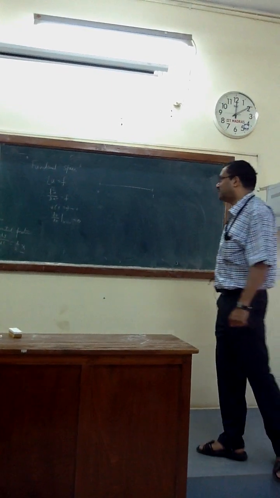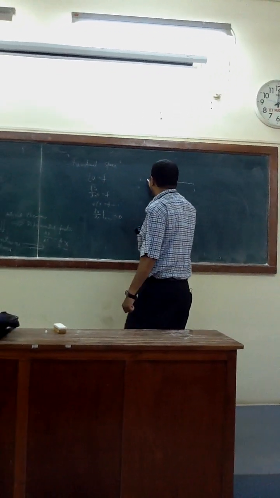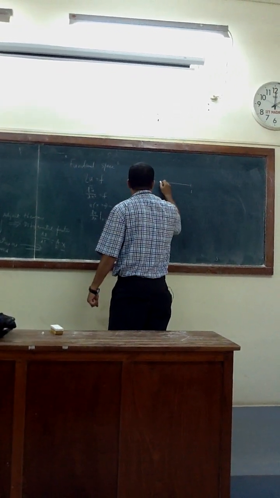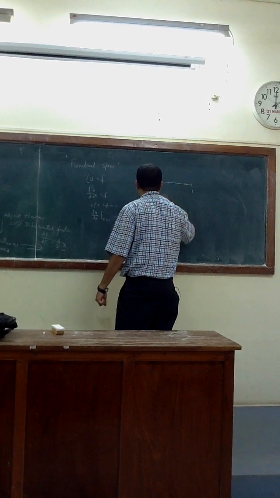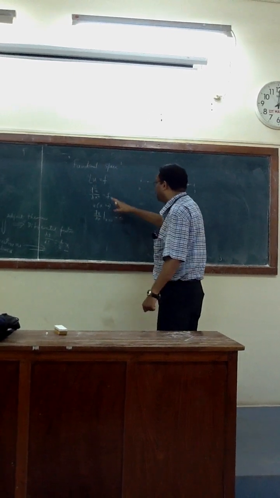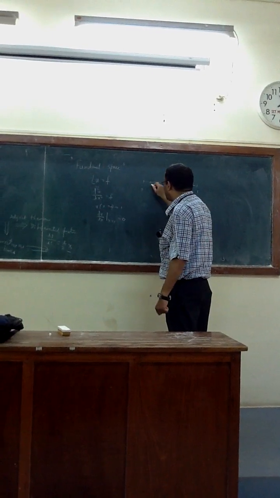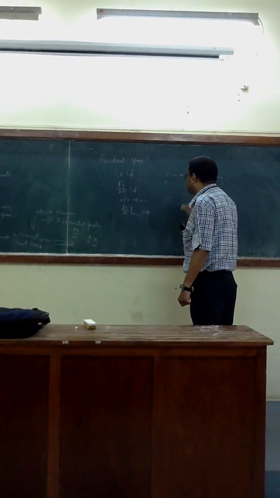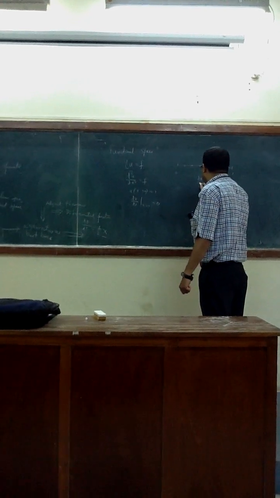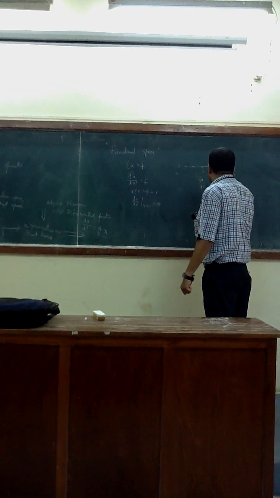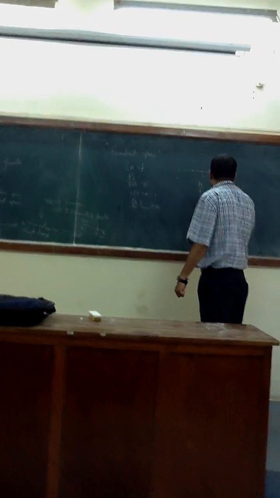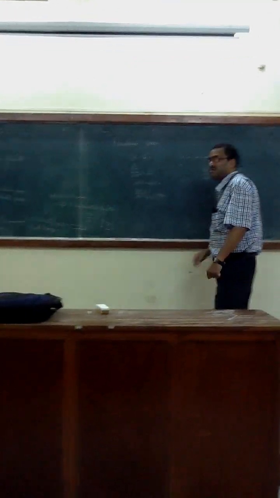But in the finite difference method, we discretize the domain. I will discuss the finite difference method later. We discretize the domain and we solve at all these discrete points. For example, at the ith point, we write du/dx equals (u_{i+1} minus u_i) by delta x.